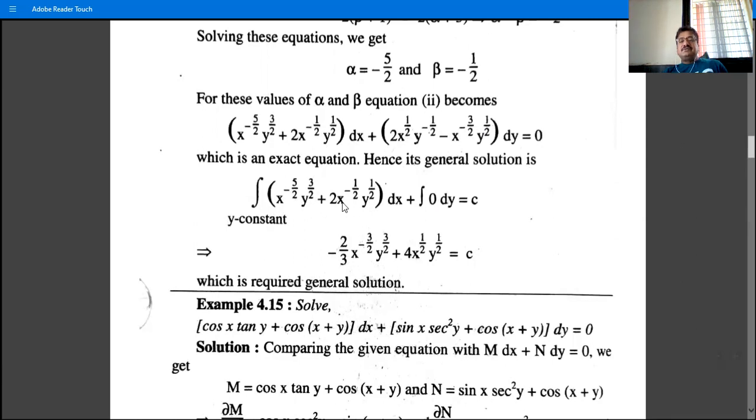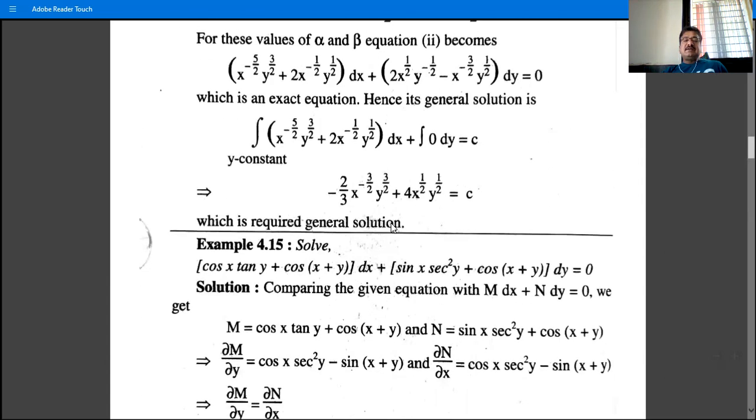So plus these two, and y raised to 1/2 is again a constant quantity, and integration of x raised to −1/2 is x raised to −1/2+1 divided by −1/2+1, means x raised to 1/2 divided by 1/2, means into 2, and this 2 into 2 becomes 4, and so this is the general solution of the given differential equation.